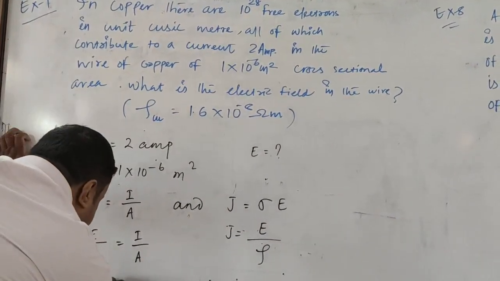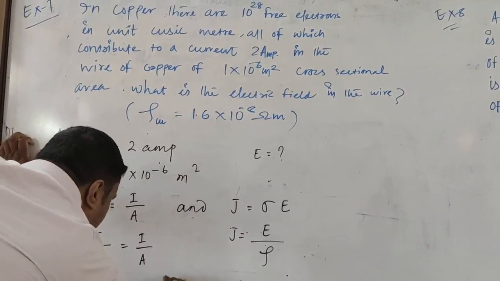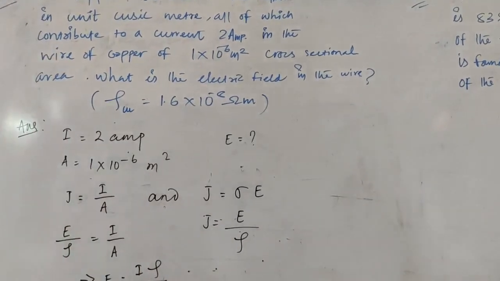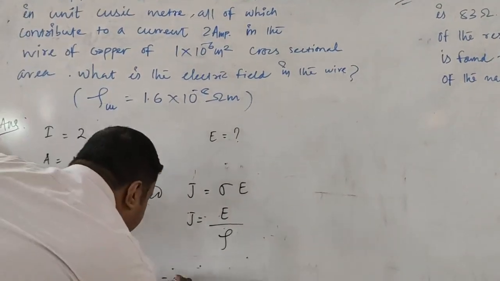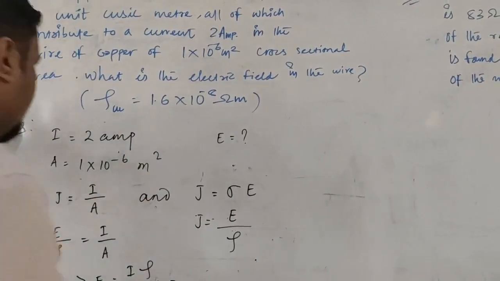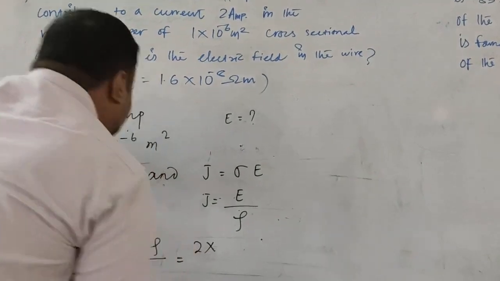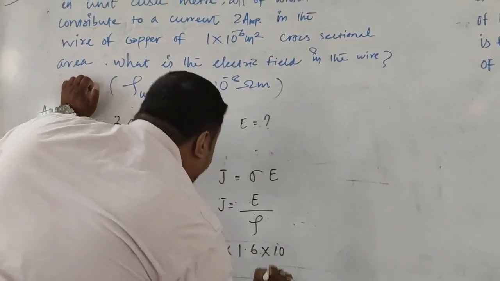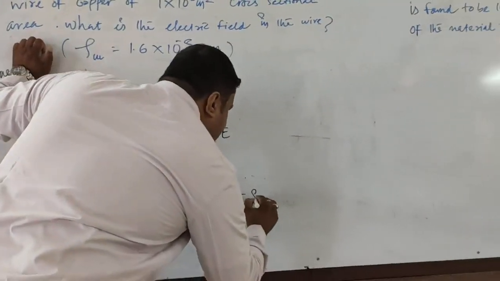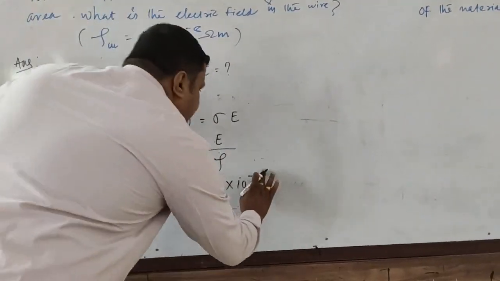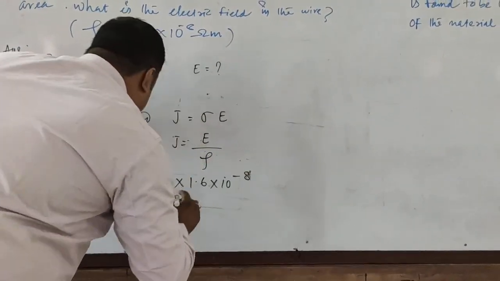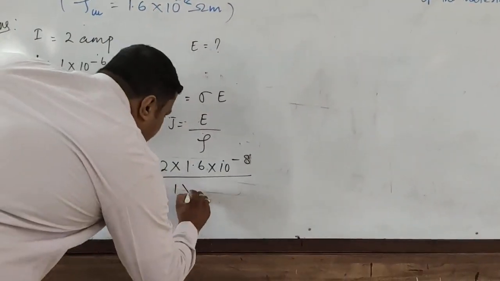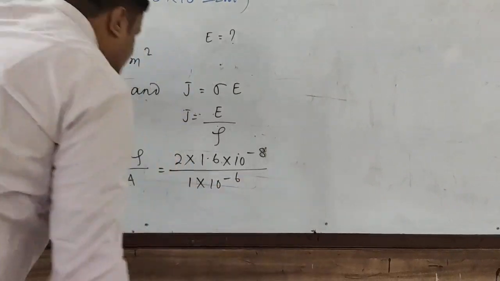From here we will calculate the electric field in the wire. This implies E is equal to I rho by A. What is the current given? 2 ampere. Rho is 1.6 into 10 to the power minus 8, divided by the area, 1 into 10 to the power minus 6.